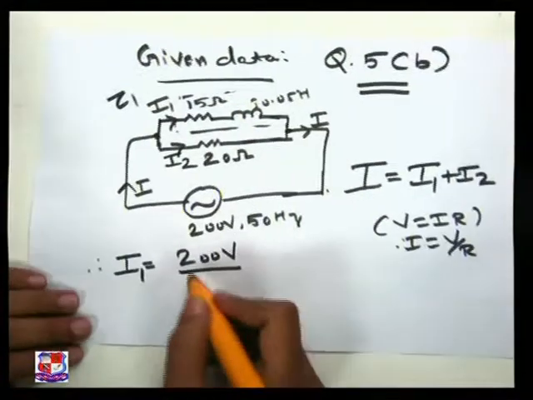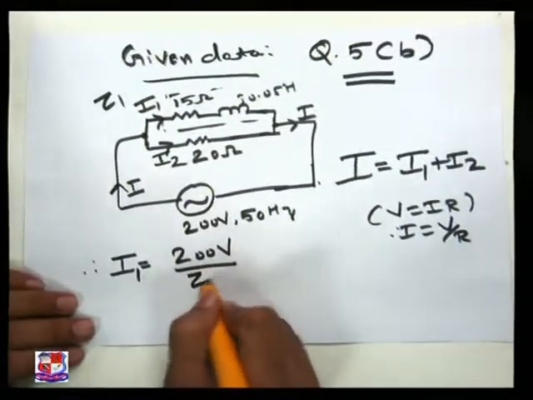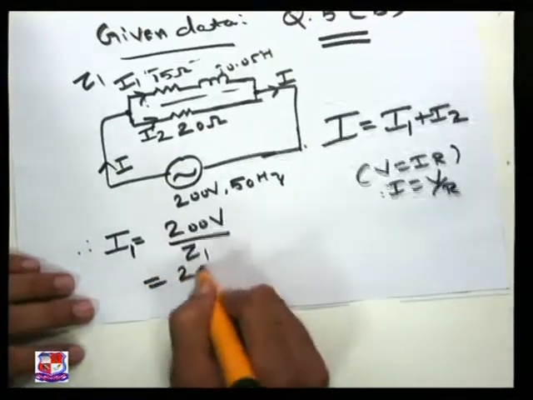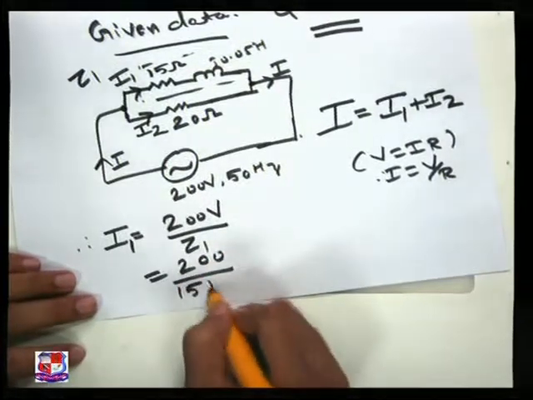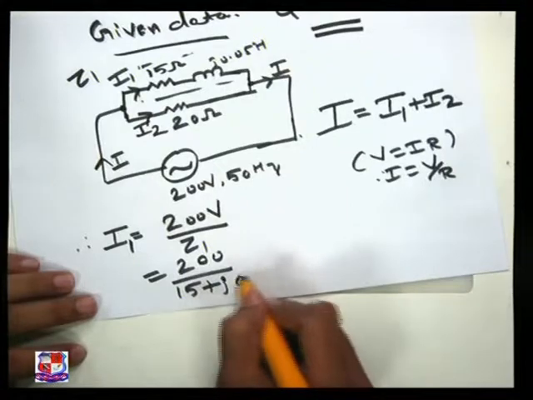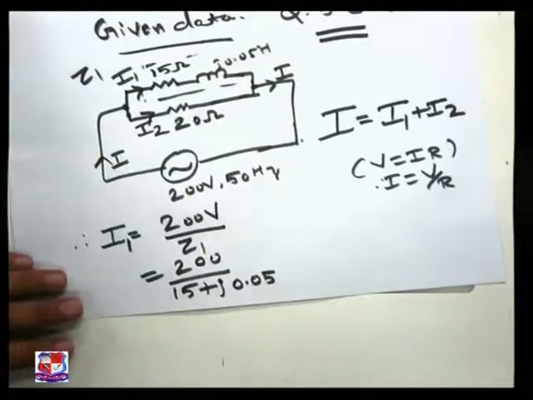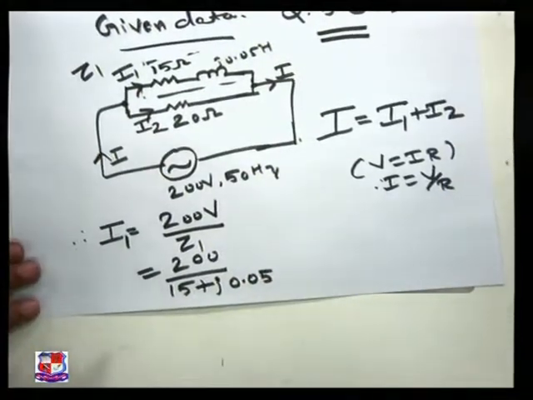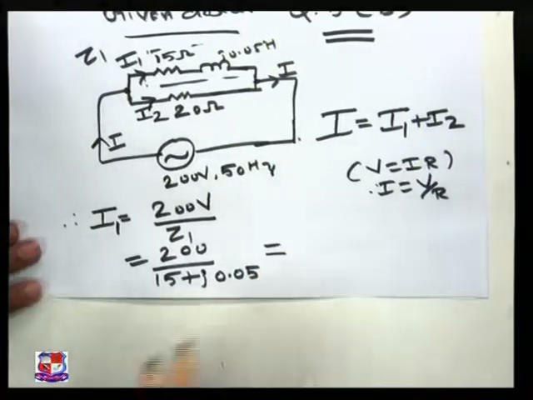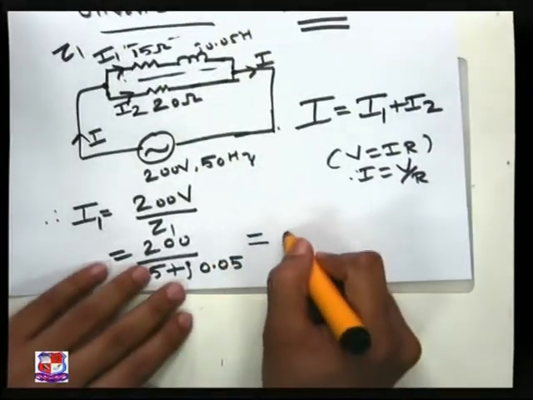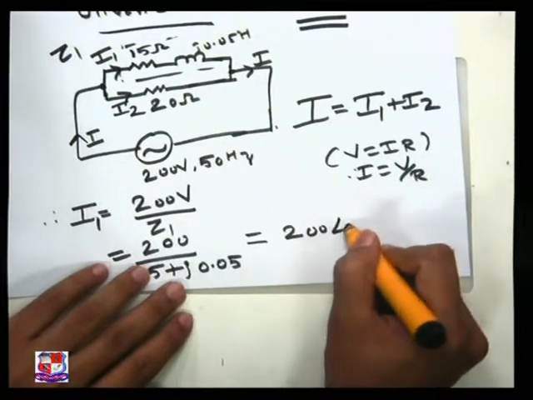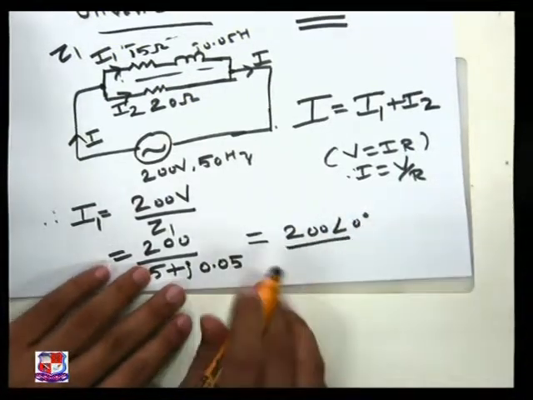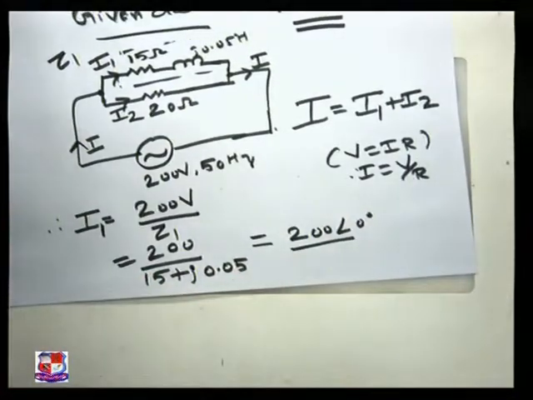So I1 equals V by Z1, where Z1 is a combination of 15 plus J 0.05. I can write this directly as 200. There is no phase here, so you can write it as 0 degree, and the denominator is basically a simple equation, A plus JB.